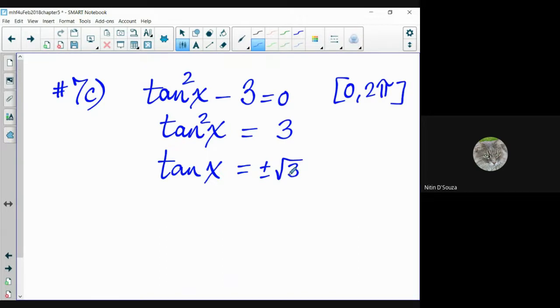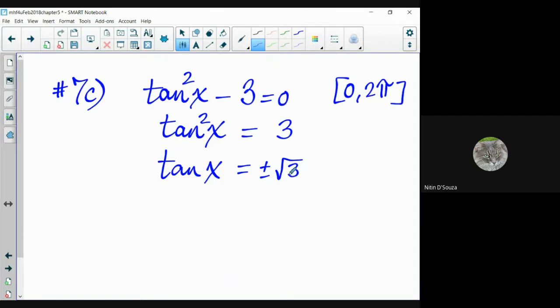So what you're looking for is all of the points on your unit circle where your sine value is radical 3 over 2 and your cosine value is 1 over 2. So that should be pi over 3, 2 pi over 3, 4 pi over 3, and 5 pi over 3.